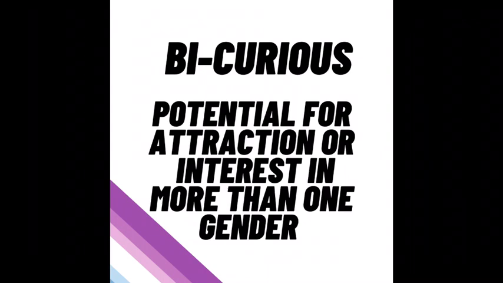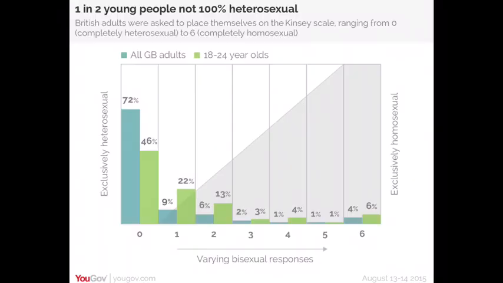Bi-curious is actually genuinely one of the most common sexualities that there are. Research shows that most people identify as heterosexual, and the second most common sexuality is what we would call bi-curious, or just slightly out of that heterosexual box, and maybe considering you might be capable of more, but maybe you haven't acted on it, or maybe you're not entirely sure.